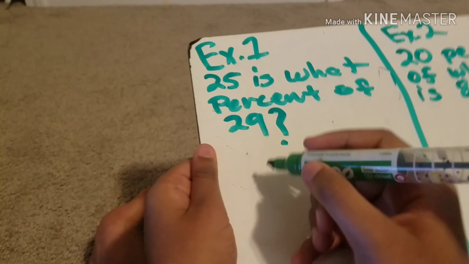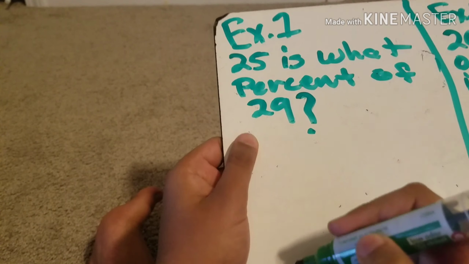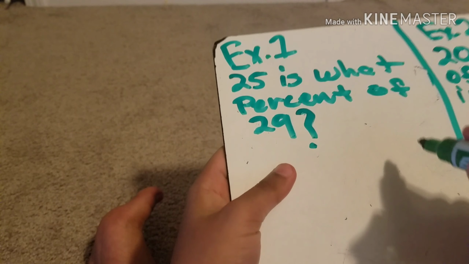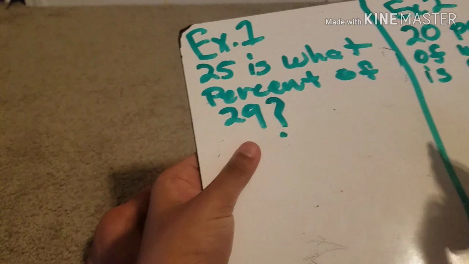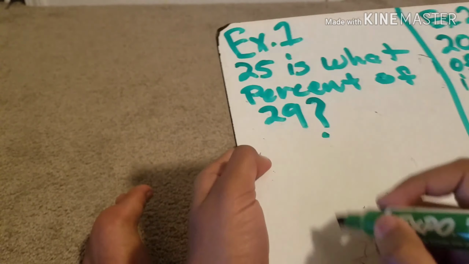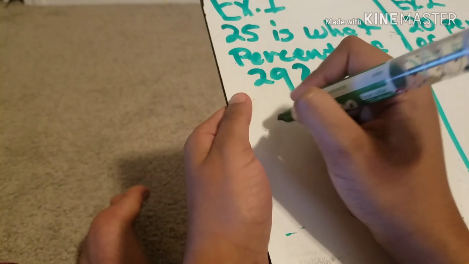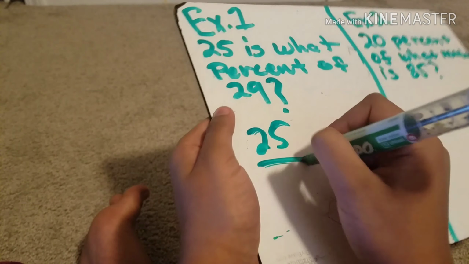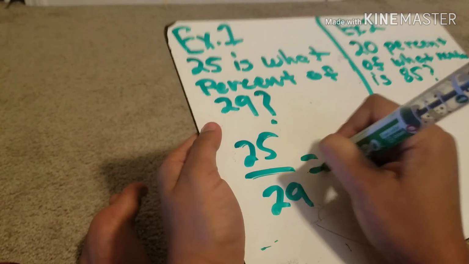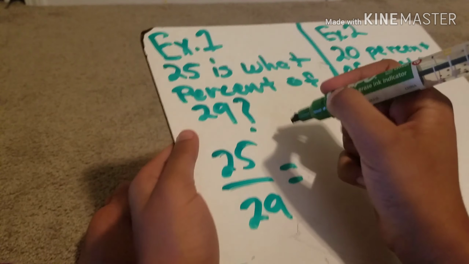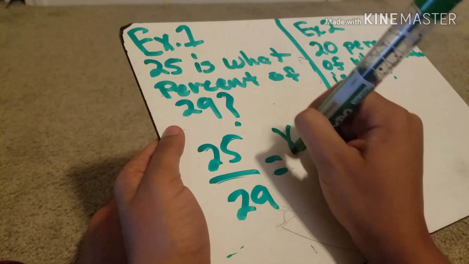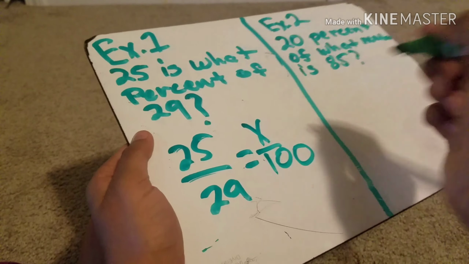One side is a number out of a number, and the other side is a number out of 100, which is percentages, because we know percentages are out of 100. So this is saying 25 out of 29, but it's asking for what percentage it is out of 100. So we know that it's x over 100.